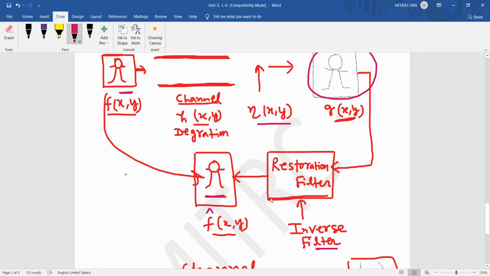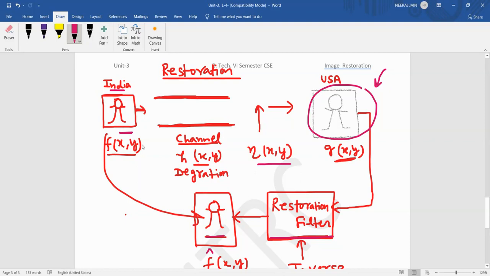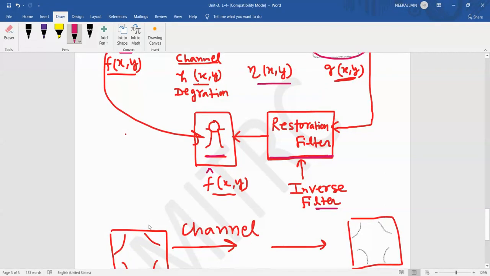So we are studying the inverse filter. What is the inverse filter? Now this was all done in the spatial domain. Now we take it in the frequency domain.